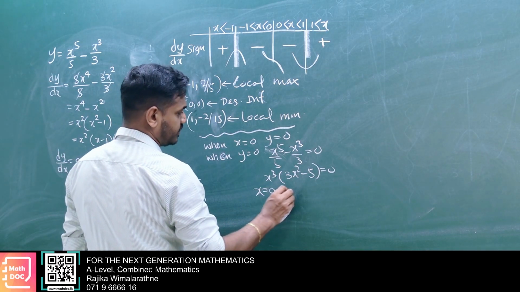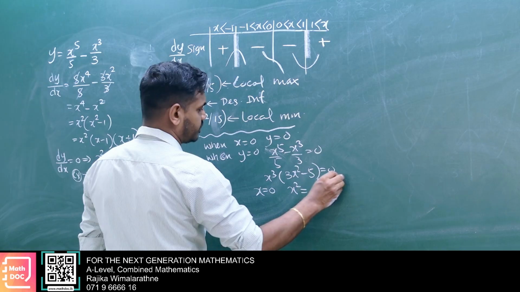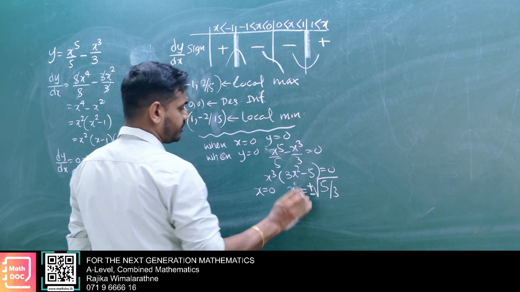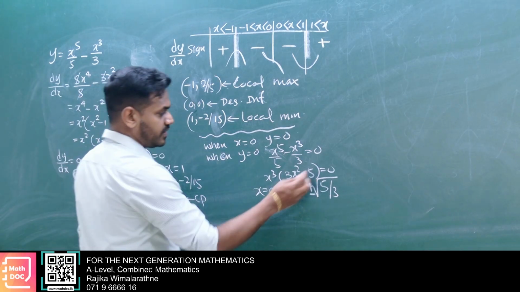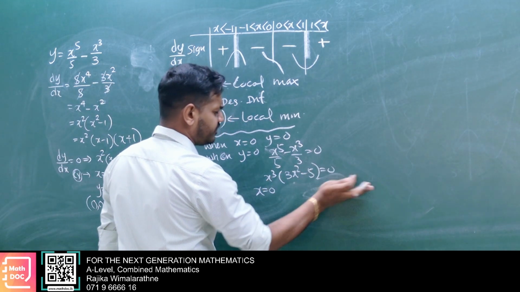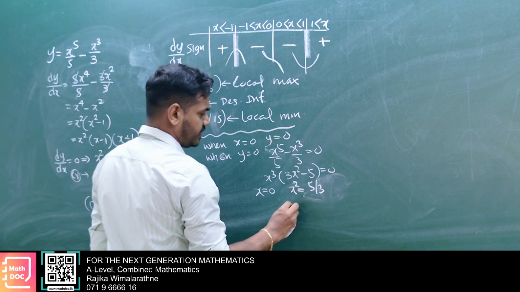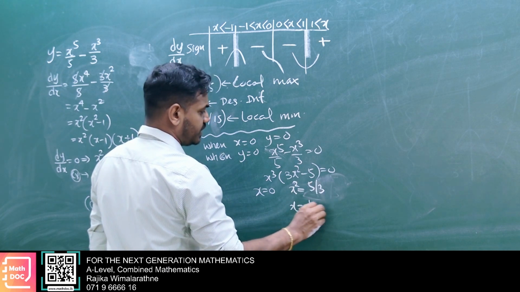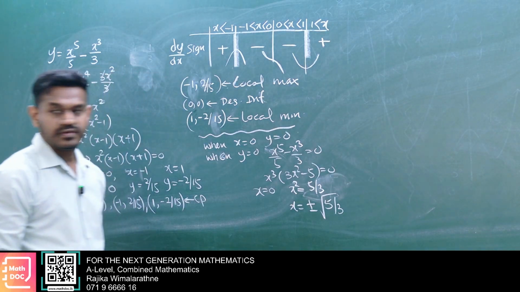Here x equals 0, or x squared equals 5/3, so x equals plus or minus root of 5/3. We have three intercepts.